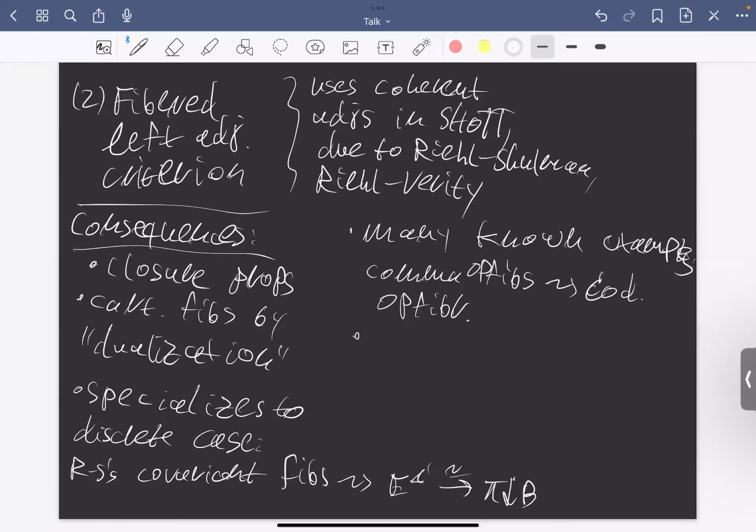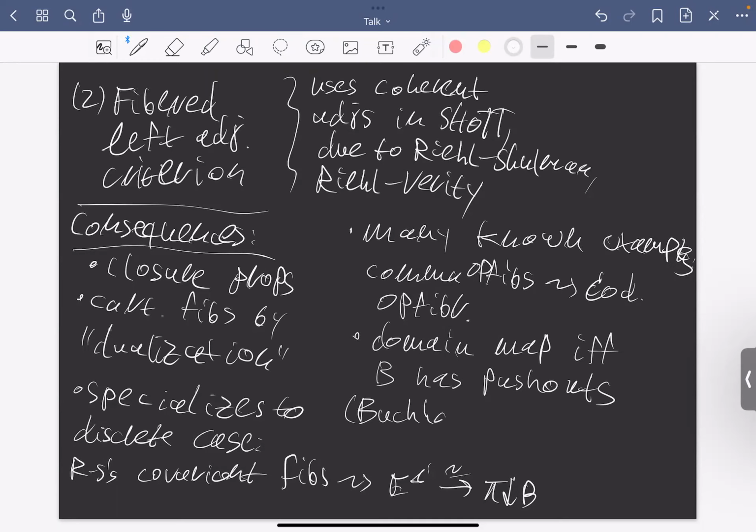We get that the domain map is a co-Cartesian fibration if and only if the base has pushouts. So that you can find in our work.